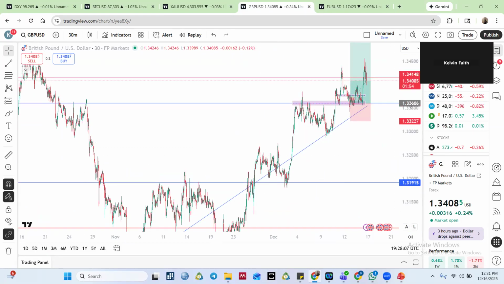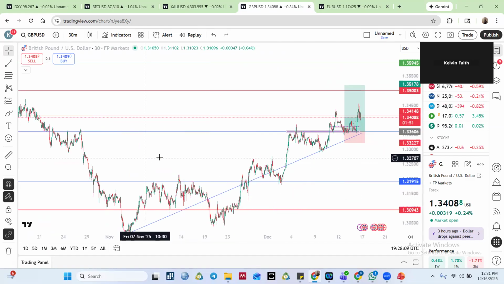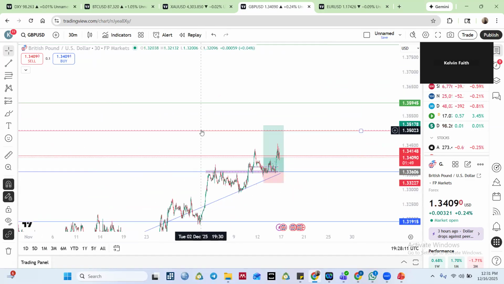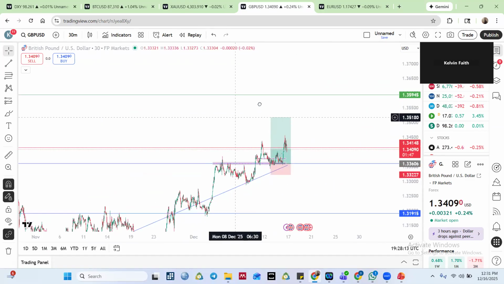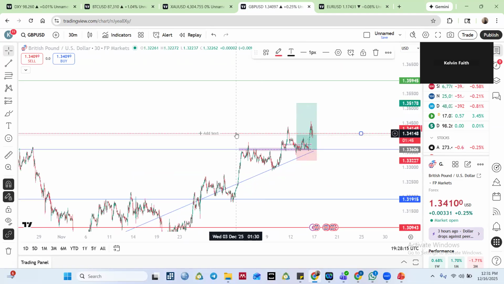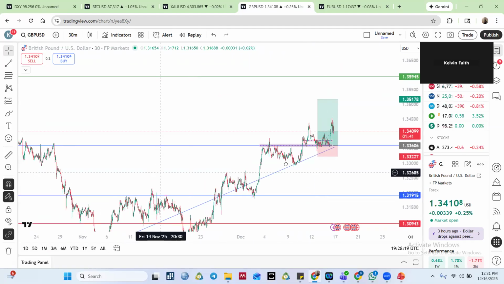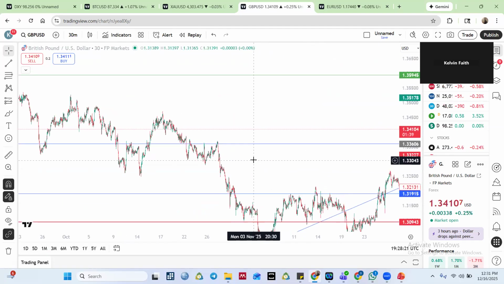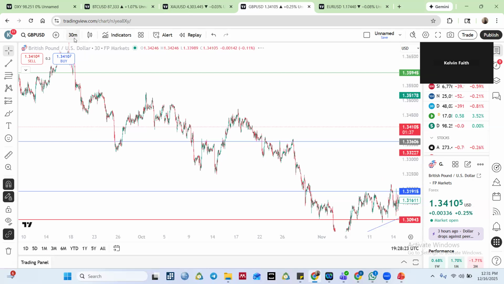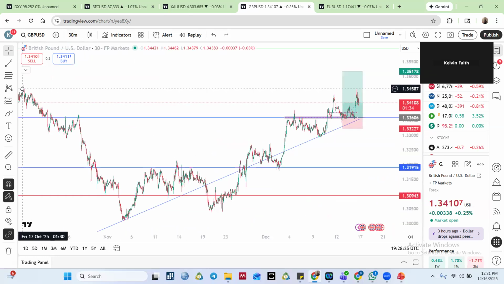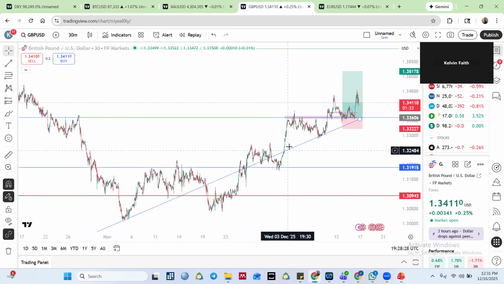Now, let me start by cleaning the chart first, and go to the higher time frame. I always like to begin from the higher time frame.